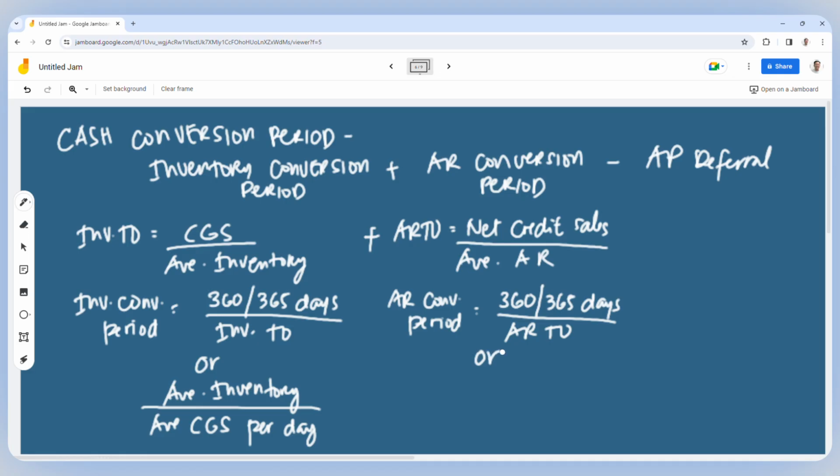Or average accounts receivable divided by average net credit sales per day. Di ba? Yan class ang formula natin.